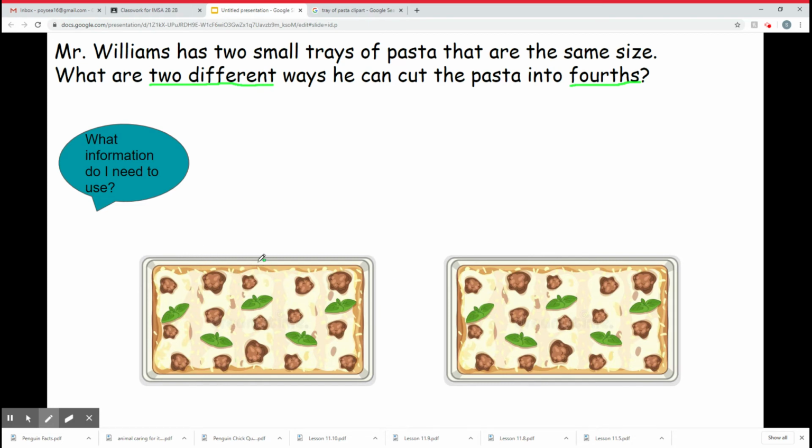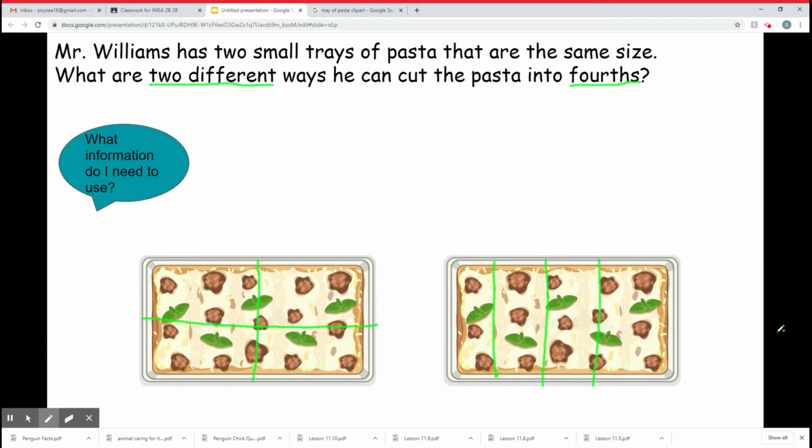We can do it like this. There we go. We have 1, 2, 3, 4. We can do it this way. 1, 2, 3, 4. Or we can do it vertically. I'll do it this way. 1, 2, 3, 4.